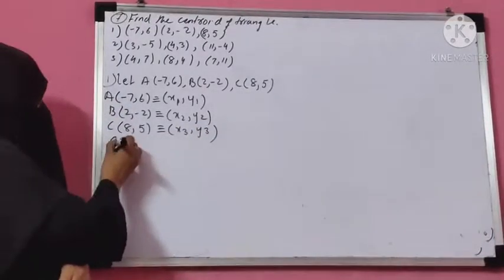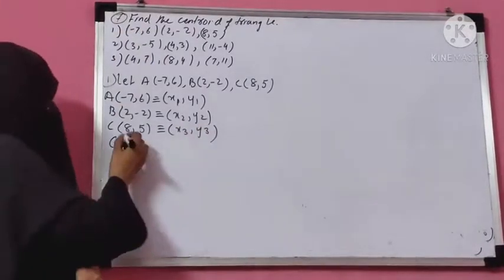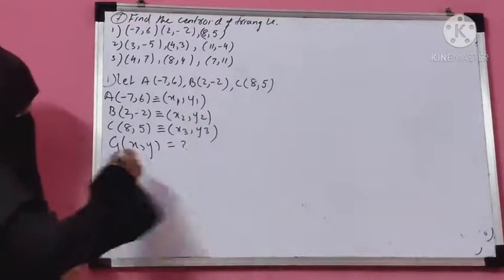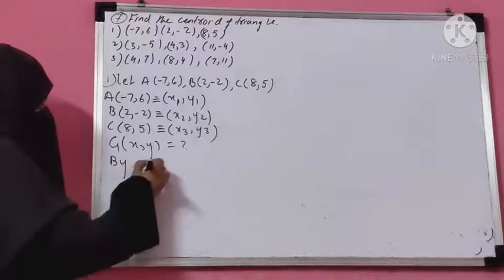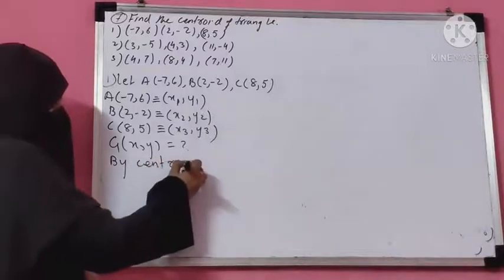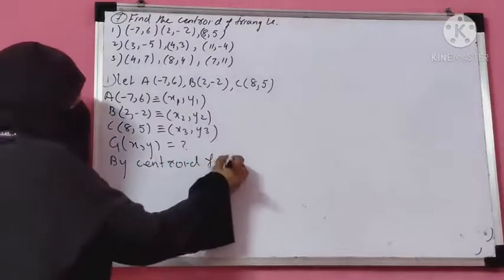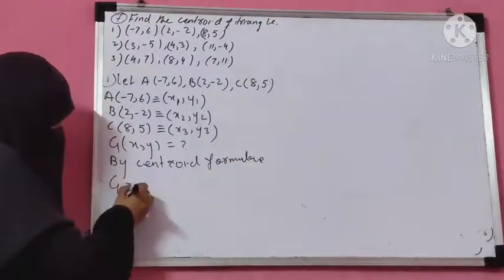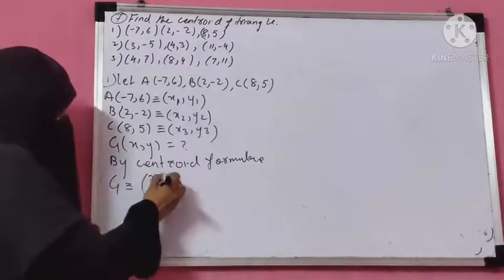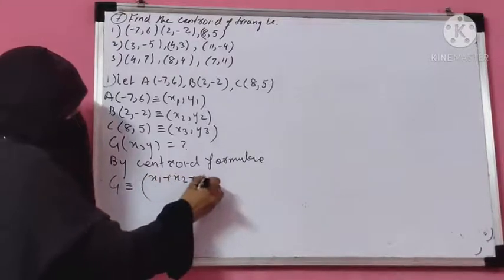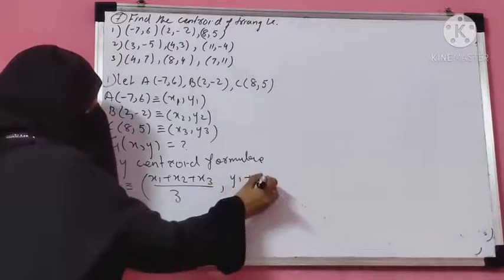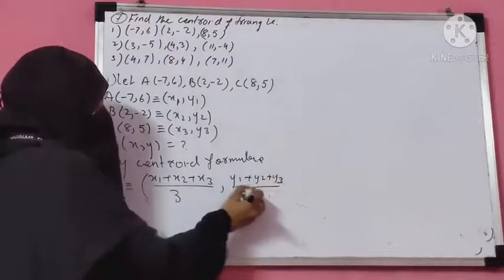You have to find the coordinate of the centroid, represented by G(x, y). So let's start with the centroid formula. The coordinate of the centroid is x1 plus x2 plus x3 divided by 3, and y1 plus y2 plus y3 divided by 3.